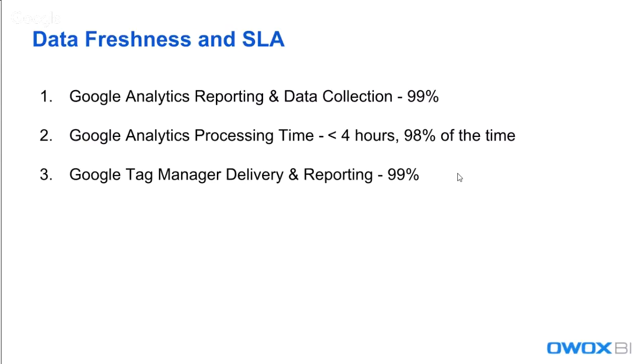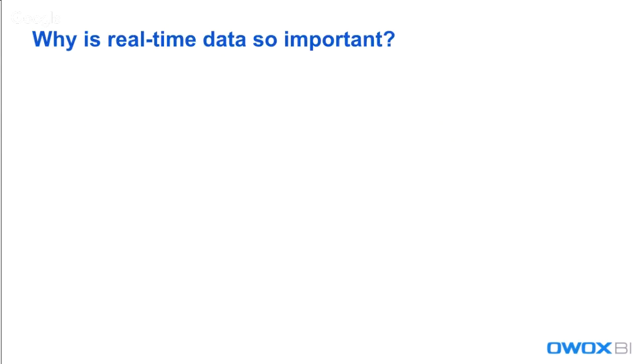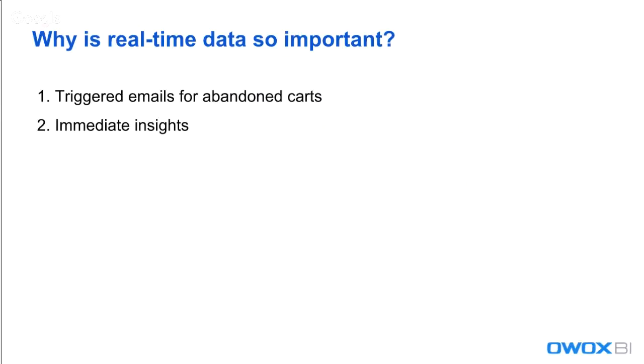So why is real-time data so important? First of all, this is important for triggered emails for abandoned carts. And this is important for immediate insights. For example, to monitor your elasticity.